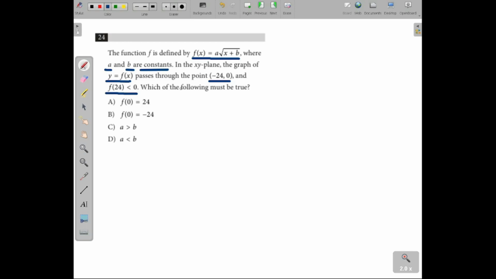So we have one condition here: f of 24 has to be less than 0, and we have this point when y is equal to f of x. So we can get one equation. Let's start. So we have the function f of x is equal to a times the square root of x plus b.